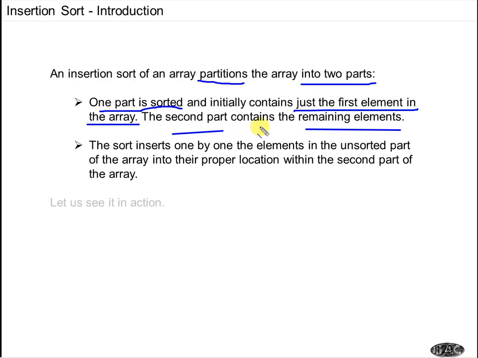The second part refers to the remaining elements. The sort inserts one by one the elements in the unsorted part of the array into their proper location within the sorted part of the array.